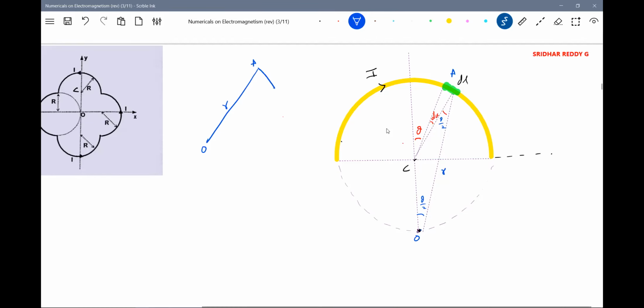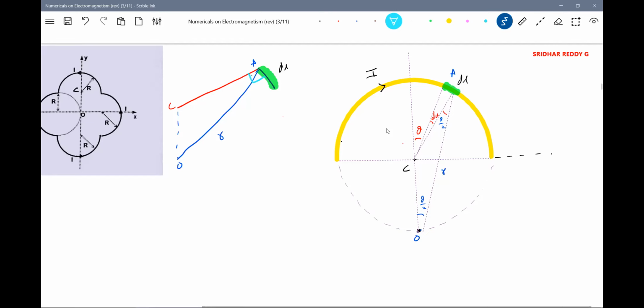This is the dl, and the perpendicular is here, with respect to C. I think if you can get this mathematics, the rest of the problem is very easy. Okay, these two are perpendicular.